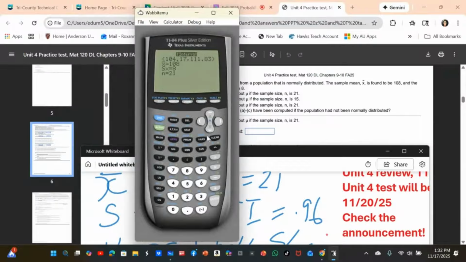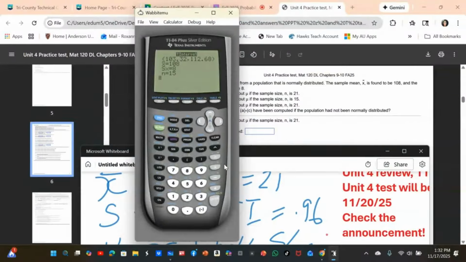So we go back to STAT, arrow to TESTS, go down to number 8. Do not change anything except the sample size. Change the sample size to 15 and do the same confidence interval with 96% confidence and see what happens to the margin of error.